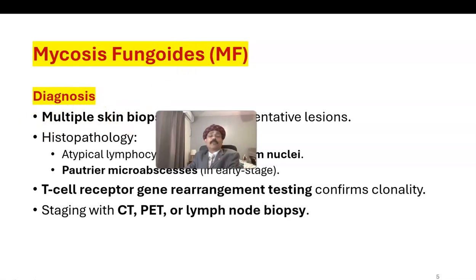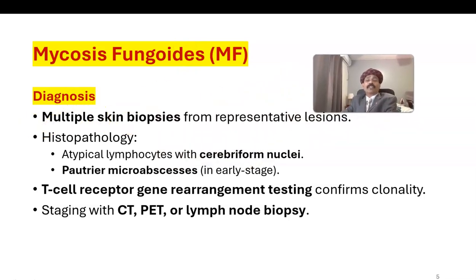Diagnosis: multiple skin biopsies from representative lesions. Histopathology shows atypical lymphocytes with cerebriform nuclei, Pautrier microabscesses in the early stage. T cell gene rearrangement testing confirms clonality. Staging with CT, PET, or lymph node biopsy.